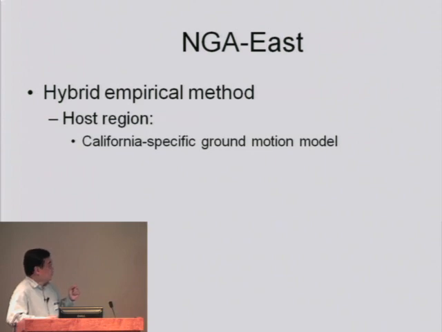Now remember, we see a large discrepancy in the large magnitude tau between the California-specific model and the NGA model, which is a global model. I think that discrepancy is large enough to warrant further investigation into a California-specific ground motion model, in particular for the taus.